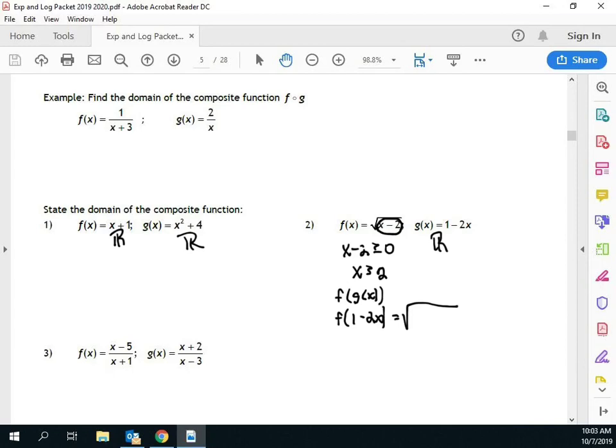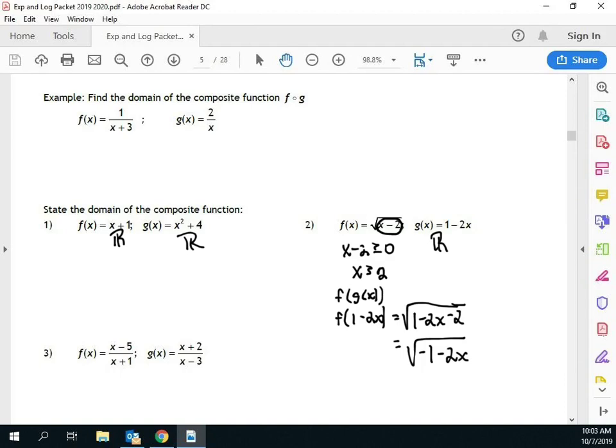It is 1 minus 2x minus 2, right? Didn't need the extra x there. All right, so let's keep going with this. Simplify this. It's just a lot of negative stuff over a square root.